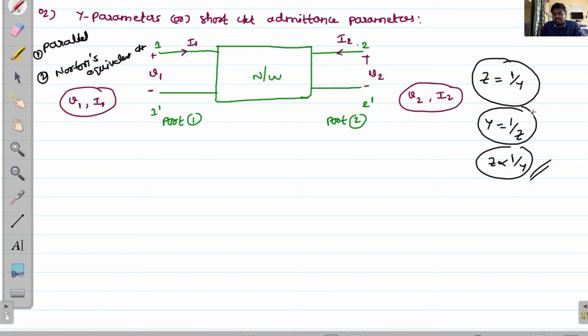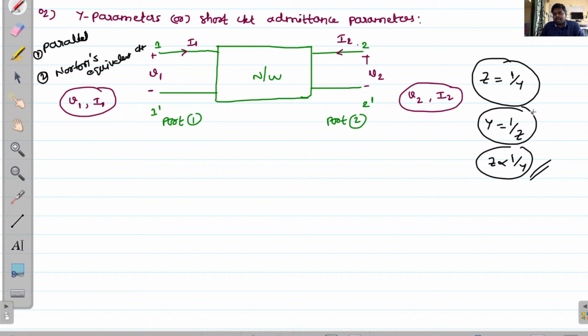So in the Z parameters case, I am considering V1, V2 as dependent variables, whereas in the Y parameters, V1 and V2 are independent variables, right? Why? Because the Y parameters, as I already told you, are best suited for parallel and Norton's equivalent. Parallel means what? Current will be different, but voltage should be the same, right?